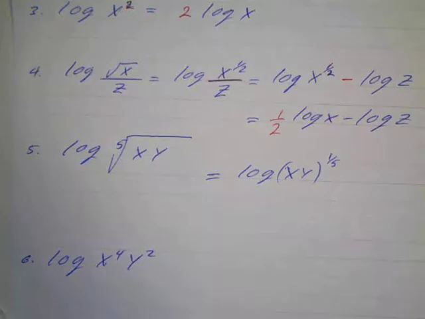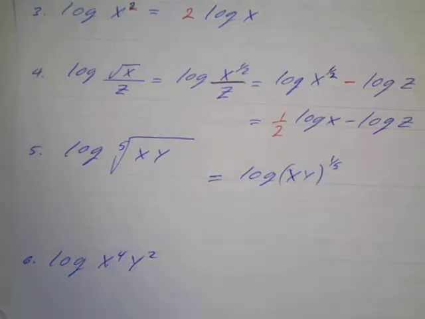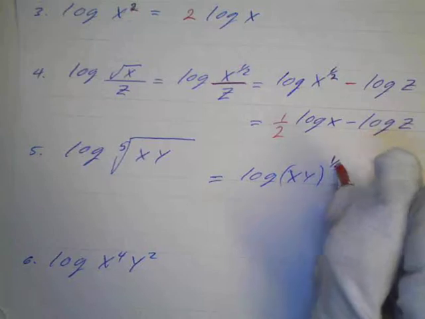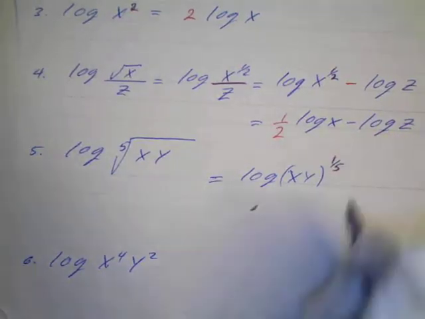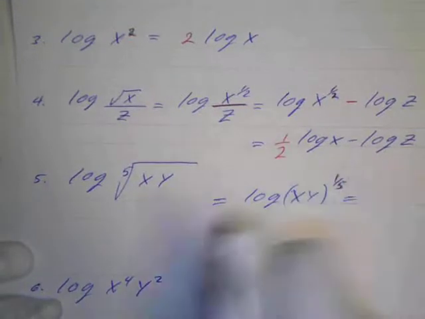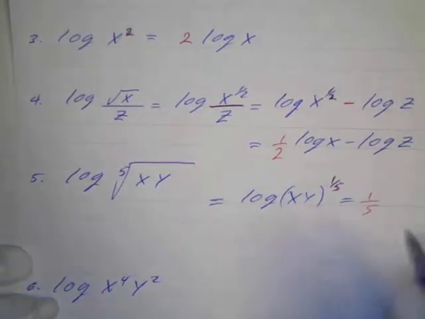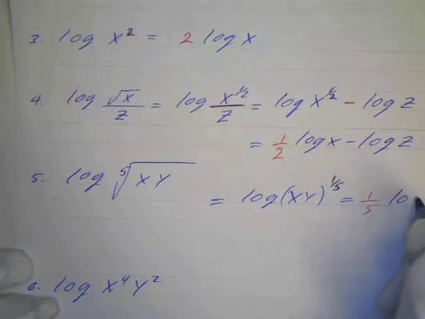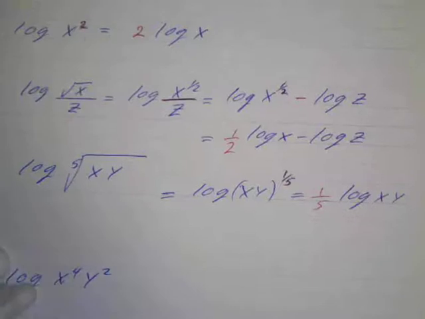Then we're going to use our power rule that says we can put that 1/5 in front. So it's going to be equal to 1/5 times the log of xy.